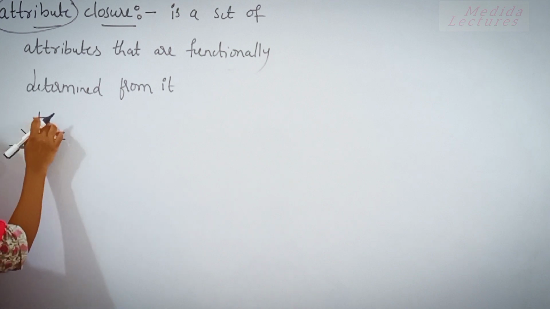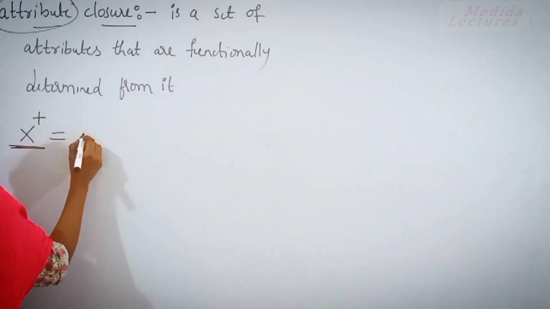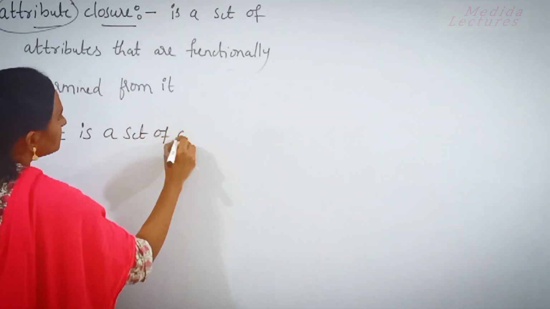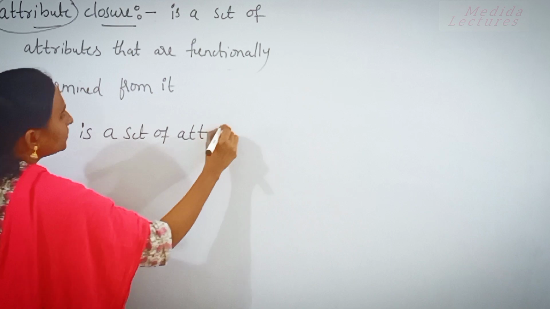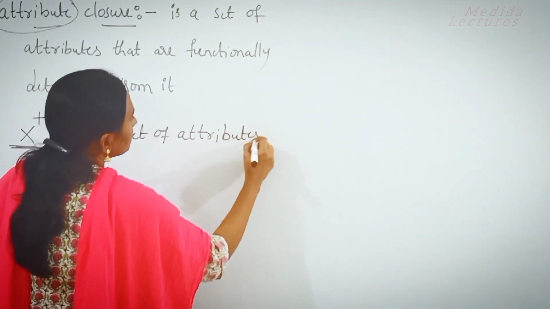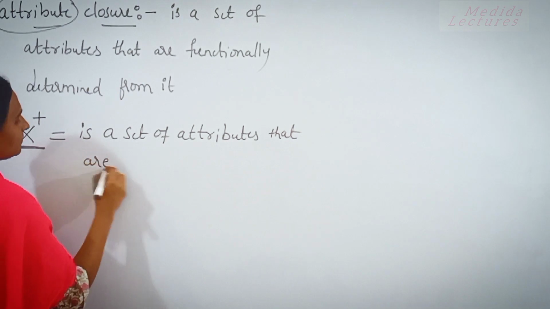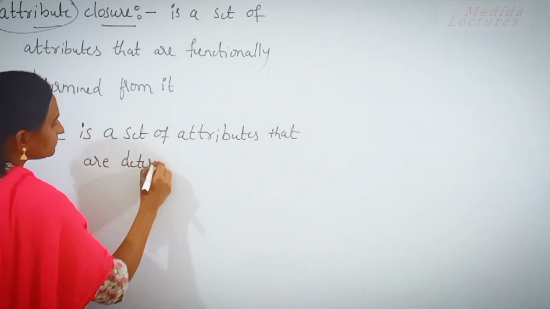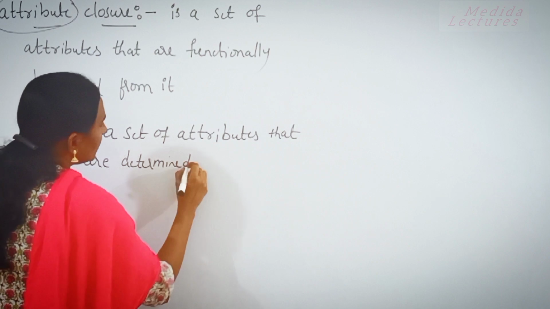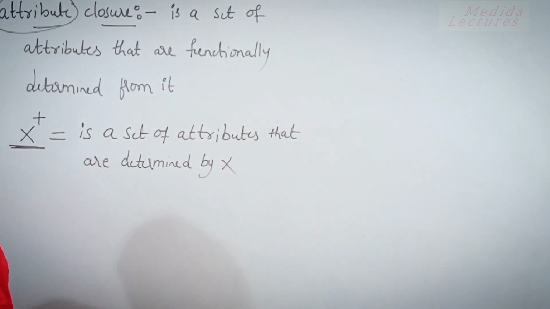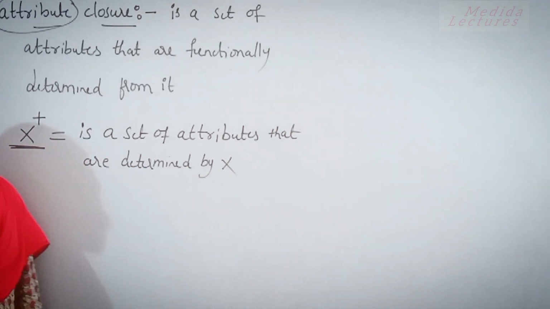What is the definition of X closure? X closure is a set of attributes that are determined by X. So what is the need of attribute closure?